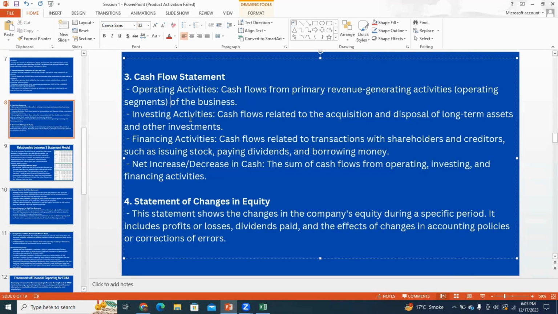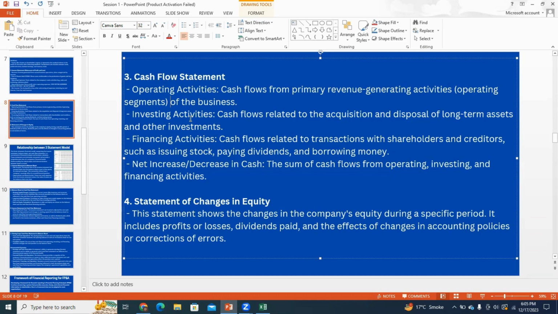There is a clash between IAS 7 and US GAAP on the cash flow statement. Somewhere they suggest that we have to show paying dividends under the operating activities. Some of the studies suggest that it should come under the financing activities.